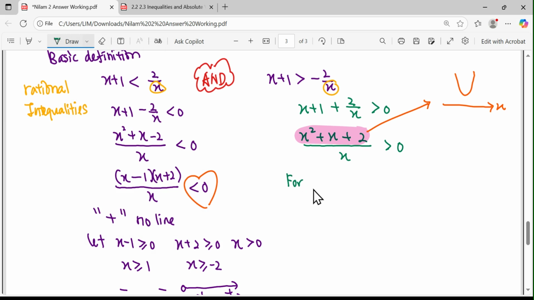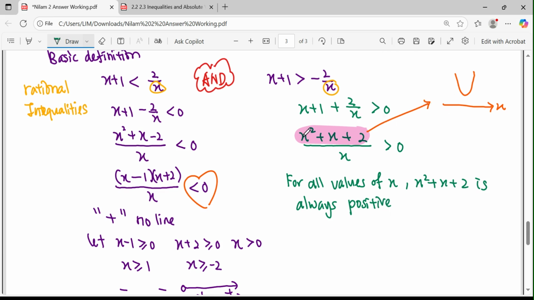Above the x-axis, which means that for all values of x, x squared plus x plus 2 is always positive.